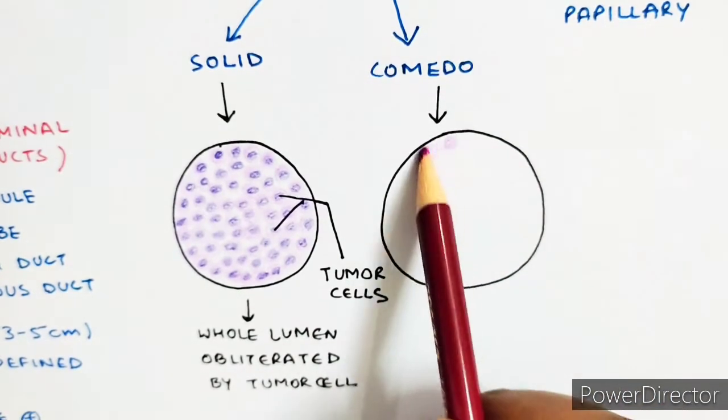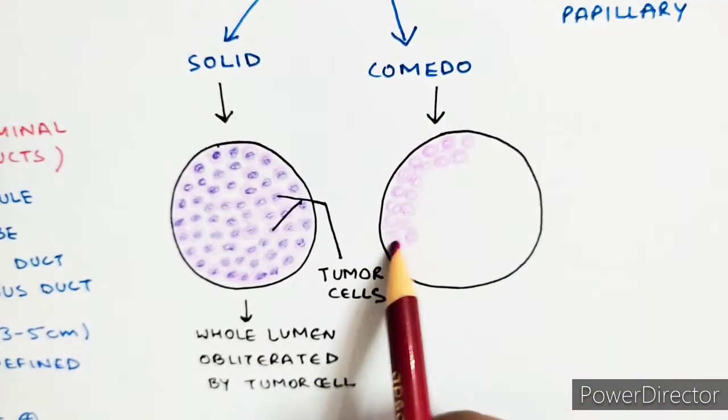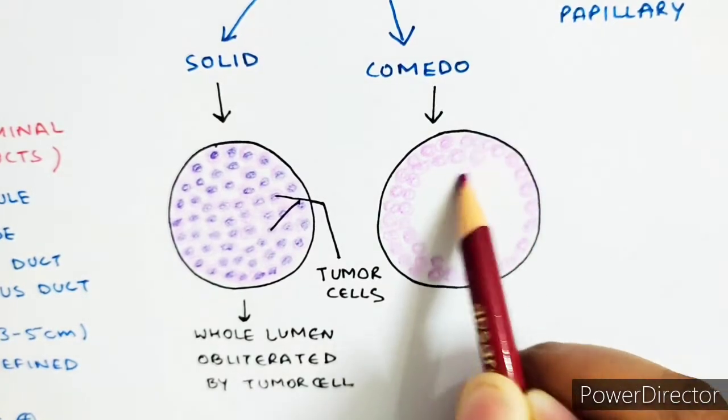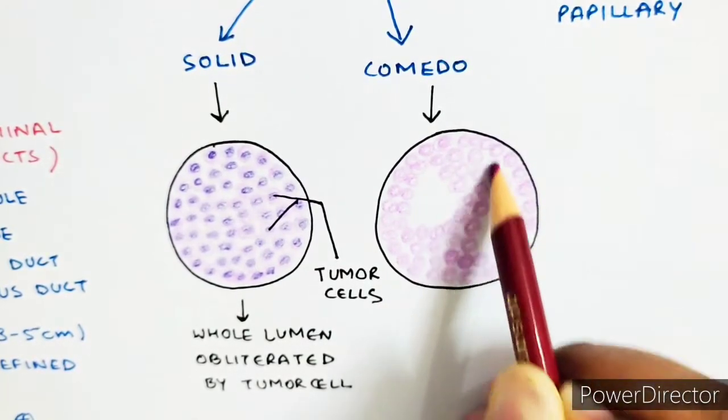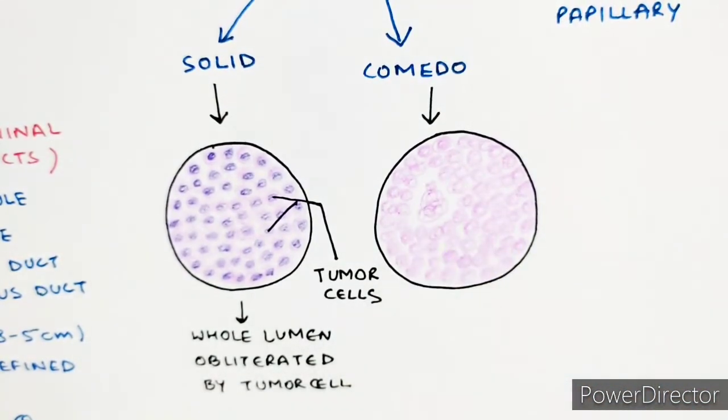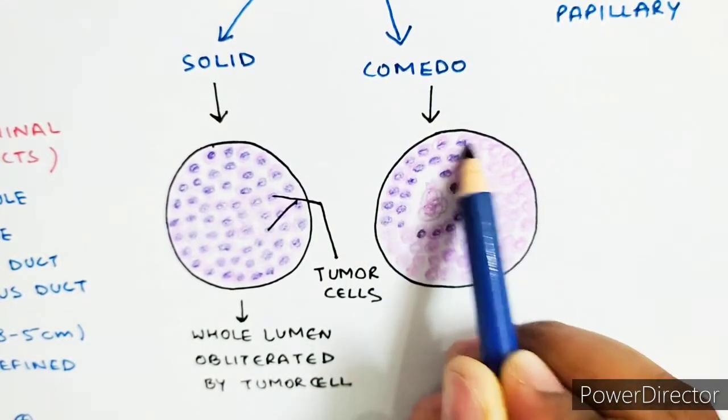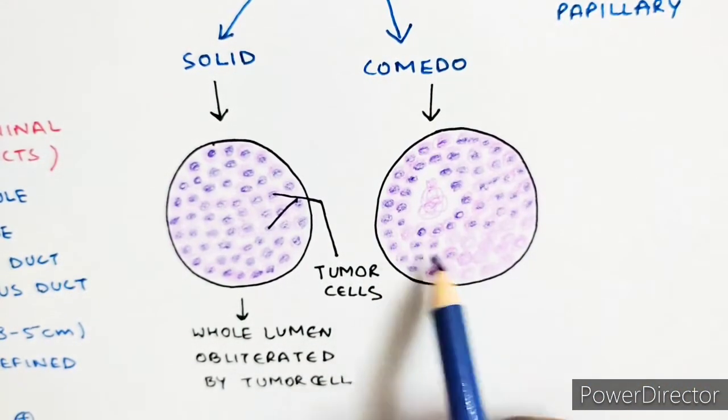Second is the comedo. In this pattern, we can see a central area where necrotic debris is present in the ducts, and the rest of the area of the lumen is filled with tumor cells.